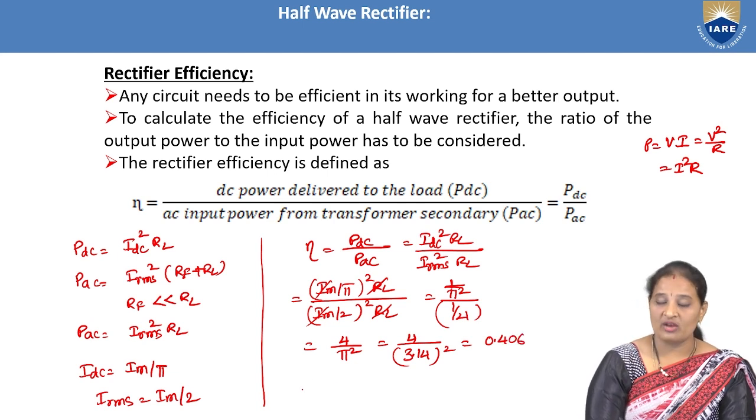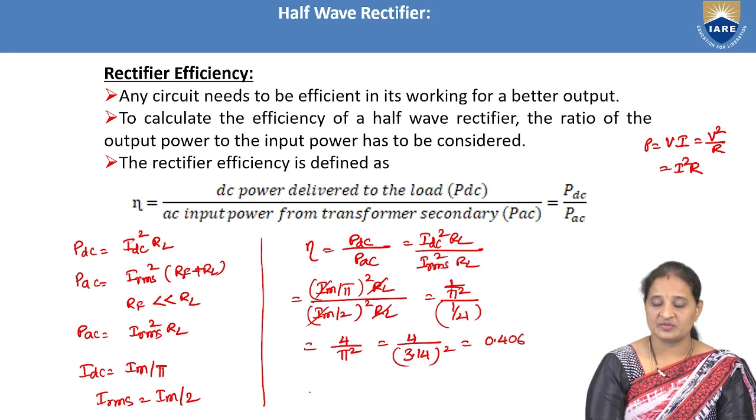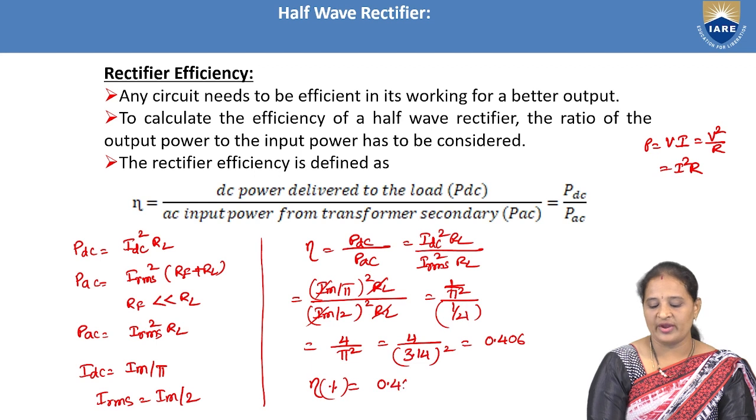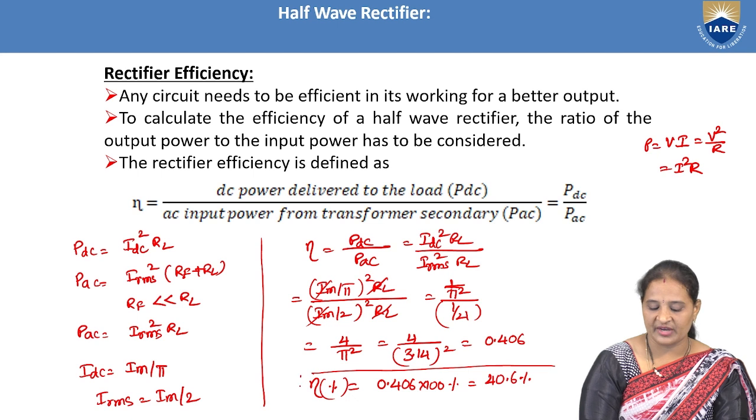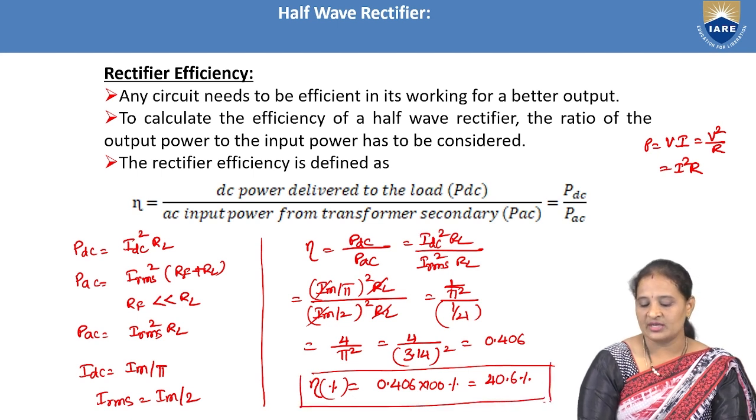0.406. Always the efficiency is calculated in terms of percentage. So efficiency in terms of percentage is 0.406 into 100, that is 40.6 percent. That means the efficiency of the half-wave rectifier is 40.6 percent.